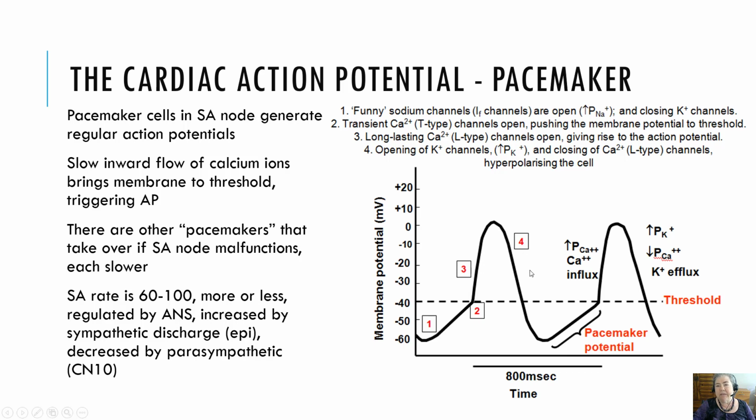I'm sorry, long-acting calcium channels. Subsequently, the calcium channels open and the potassium channels open, the calcium channels close, and you get repolarization and hyperpolarization, and then those transient calcium channels open again.